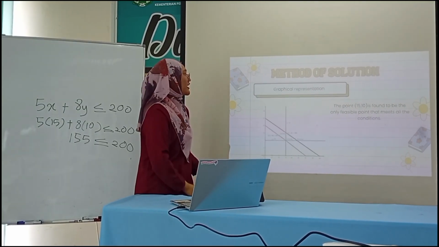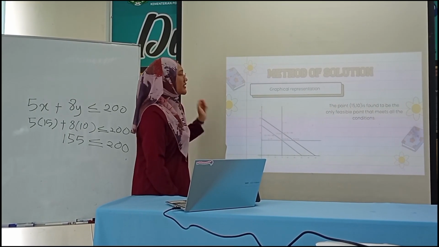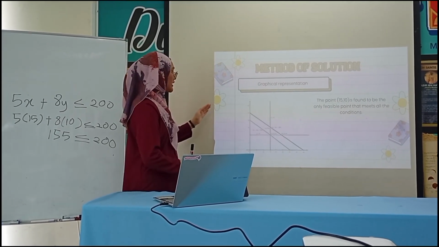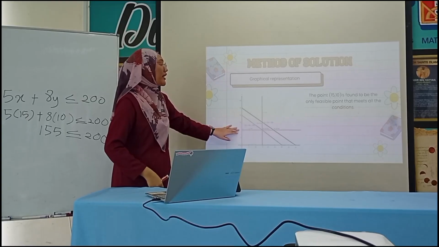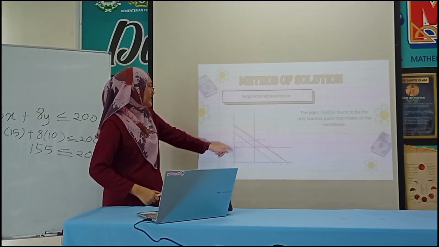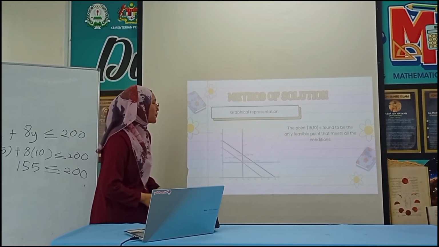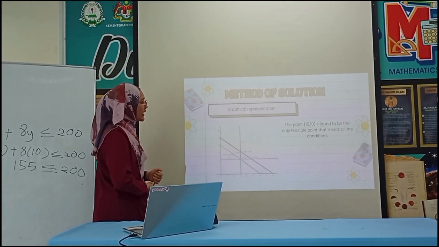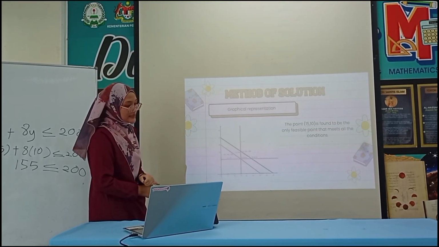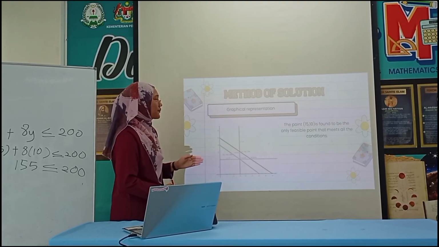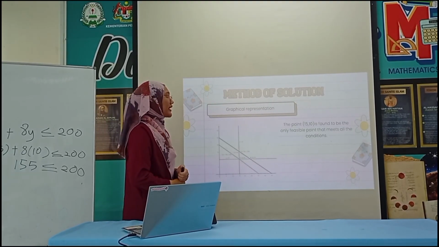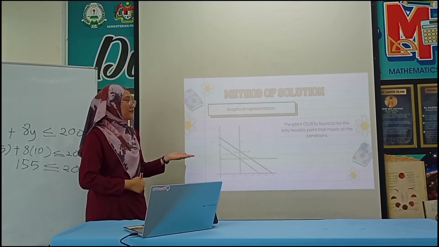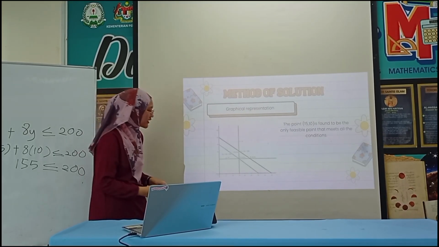Okay, next, for the graphical representation. All the constraints we plot and get straight lines. After we plot, we will see the point 15, 10 is found to be the only feasible point that meets all the conditions.